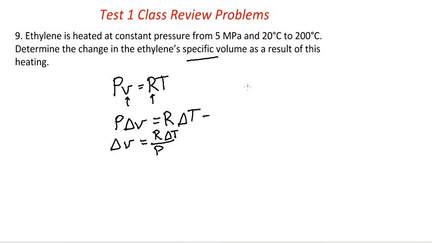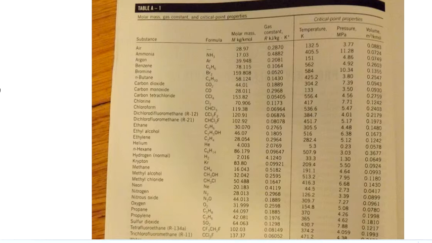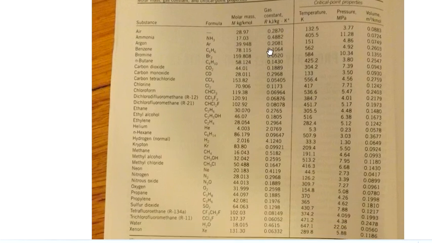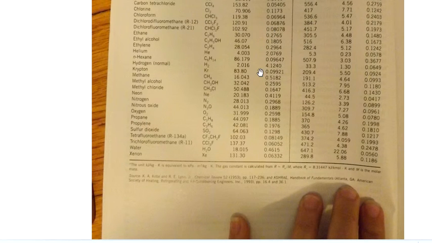So our delta T is the same in Celsius as Kelvin. We could just look at this and say, well, that's 180 degrees. Alright, so delta V equals our R, which is in terms of kilojoules per kilogram times Kelvin.